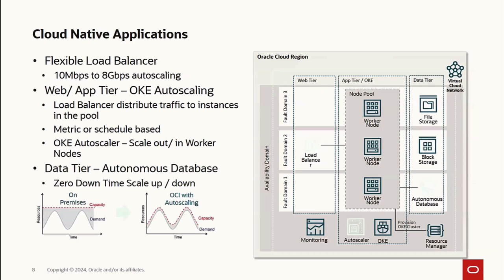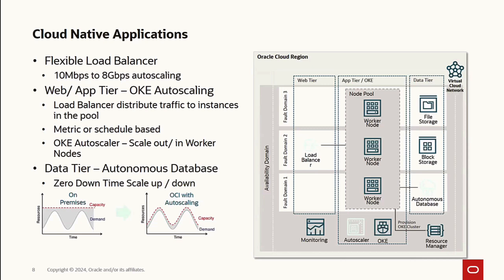So cloud native applications, when we talk about cloud native as an industry, we typically talk about infrastructure as a service, but also platform as a service. In the case we're discussing now, your load balancer could be a platform as a service. That's our load balancer, where you're using something that Oracle creates and sustains for you. The other thing you can look at is OKE auto scaling.